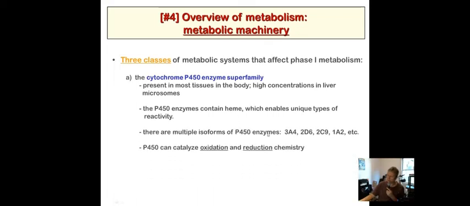And there's different isoforms of P450, 3A4, 2D6, 2C9, 1A2. We're not going to talk about each isoform really specifically. In a real drug discovery project, it turns out that some drugs will actually inhibit different isoforms of these and cause drug interactions with other drugs.